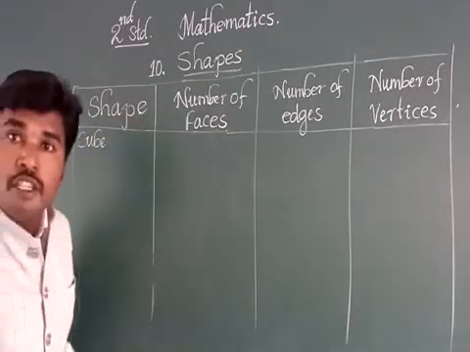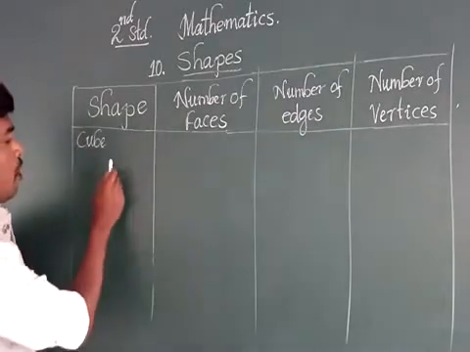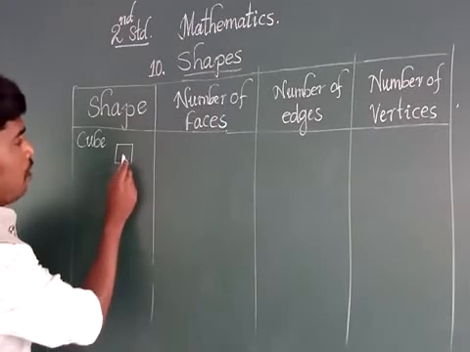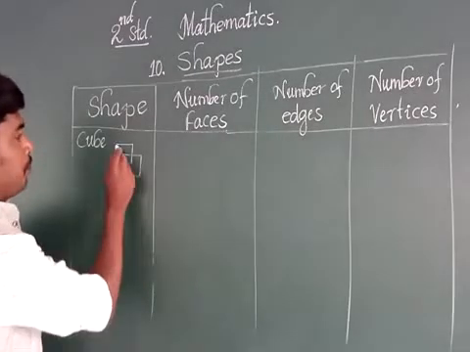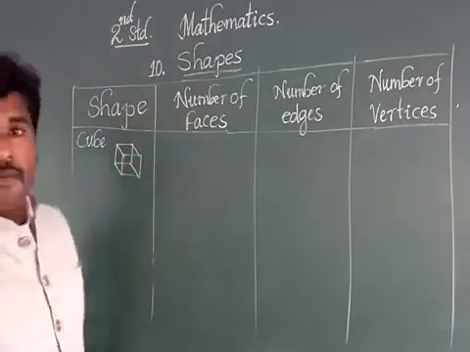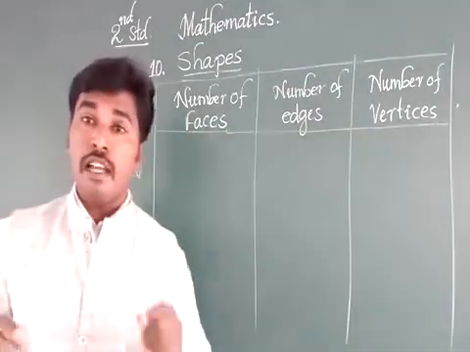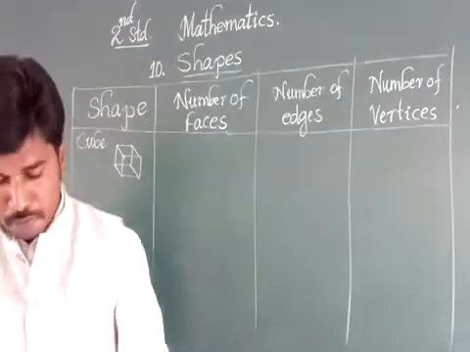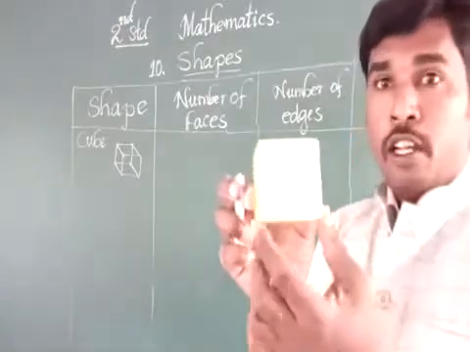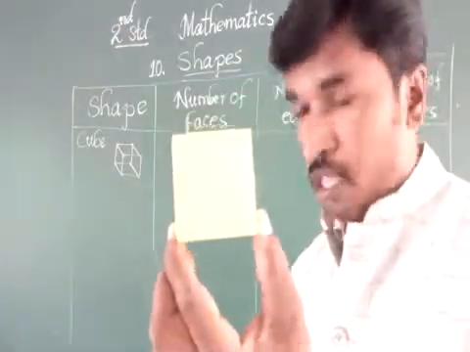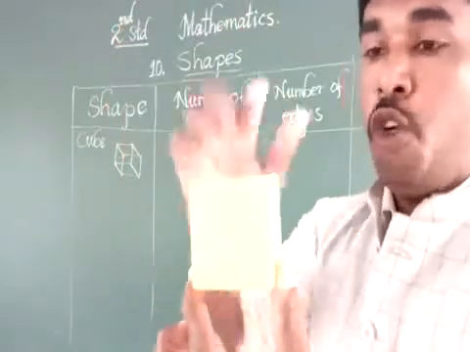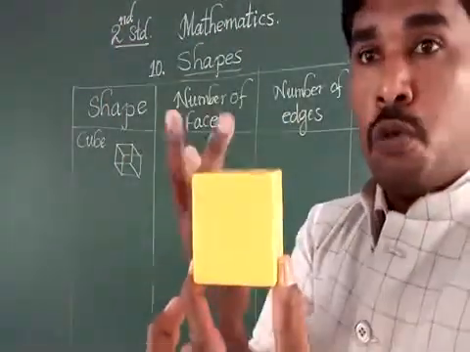You can write the shape of the cube here. This cube has square faces. In a cube, all the faces are in square shape. So observe. How many faces does it have? Dear children, you can easily identify. Top, bottom, 2.